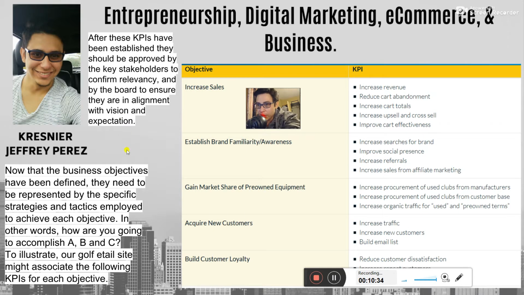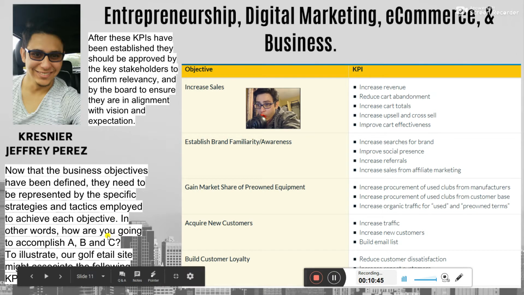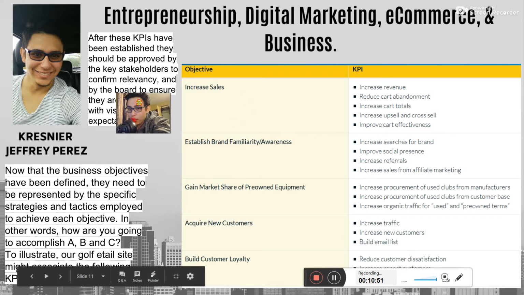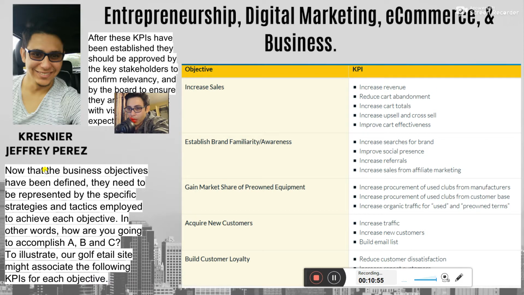Now that the business objectives have been defined, they need to be represented by specific strategies and tactics employed to achieve these objectives. In other words, how are you going to accomplish A, B, and C? To illustrate our golf retail site, we might associate the following KPIs for each objective.